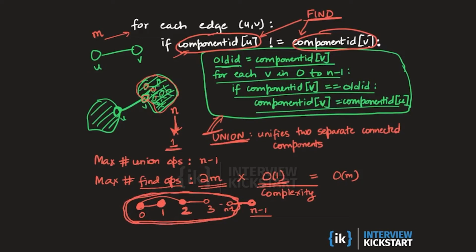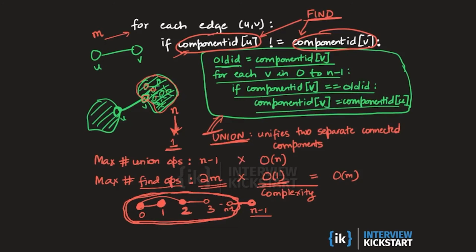And so you can see here that the maximum cost of an individual union operation could be order of n, at least that's what follows from the way we are arbitrarily deciding whose ID to change.